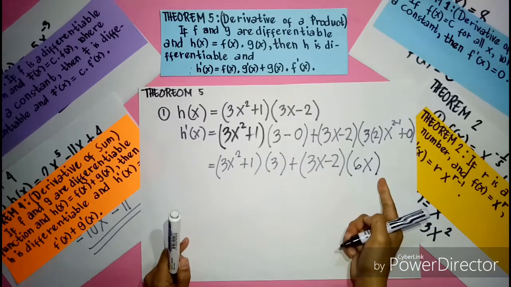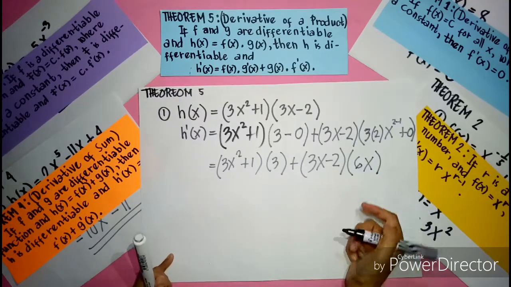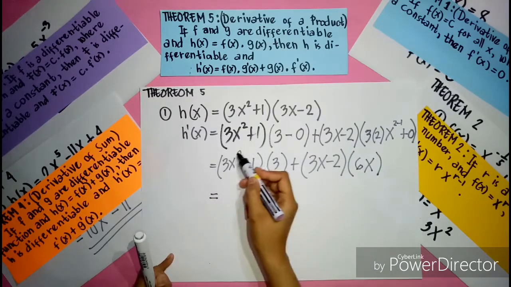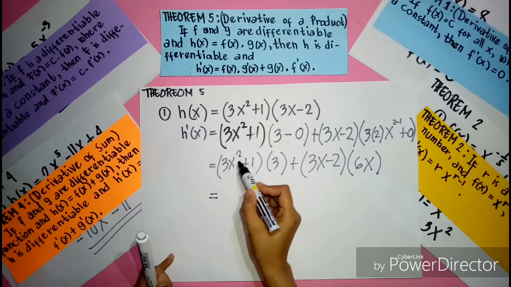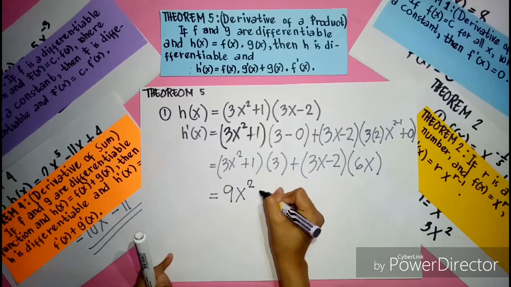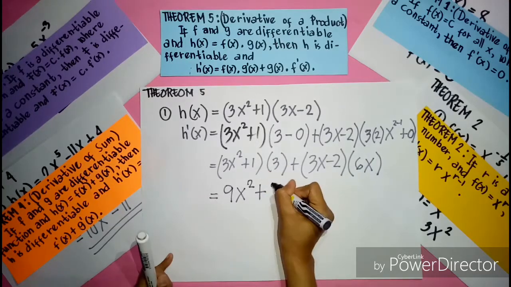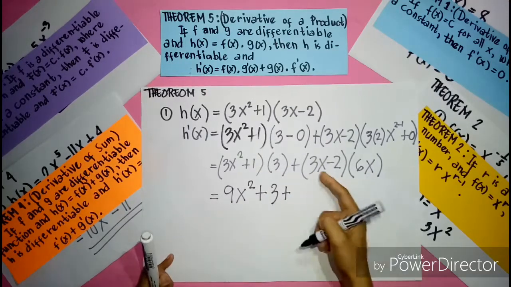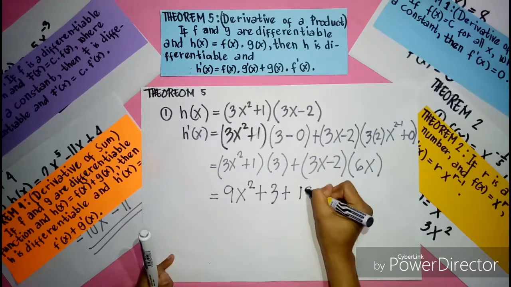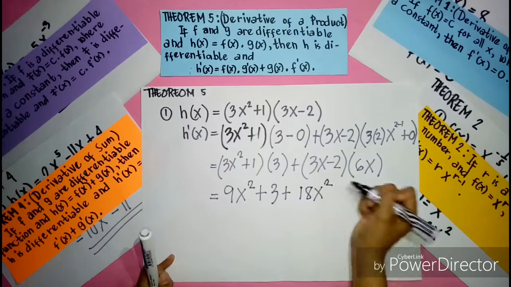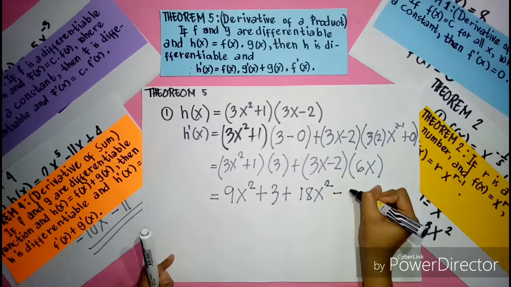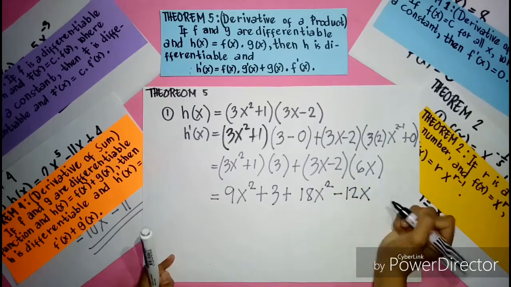In this case, we are going to use the distributive law. Distribute 3 on this part. So 3 times 3x squared is 9x squared plus 3 times 1 is 3, plus 3x times 6x is 18x squared. 6x times negative 2 is just negative 12x.